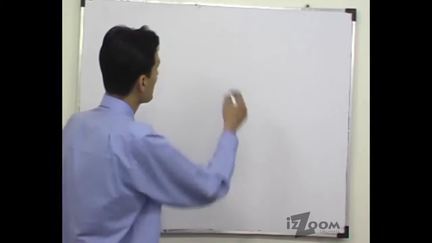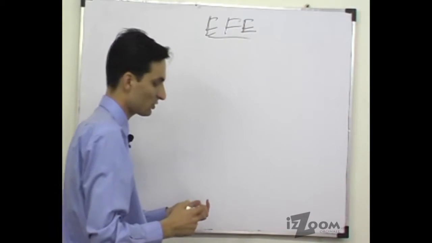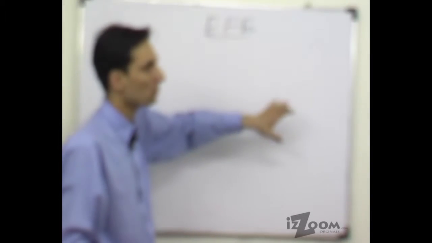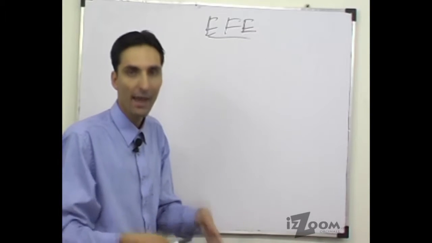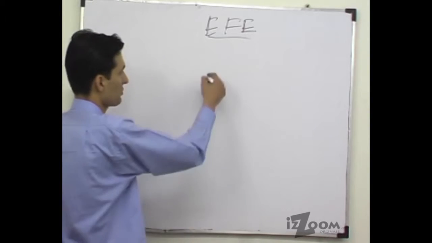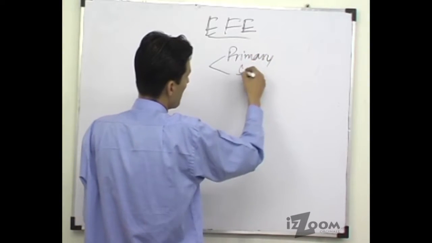endocardial fibroelastosis. As the name suggests, in endocardial fibroelastosis, the endocardium of the heart becomes thick and fibroelastic. Endocardial fibroelastosis is of two types, primary and secondary.